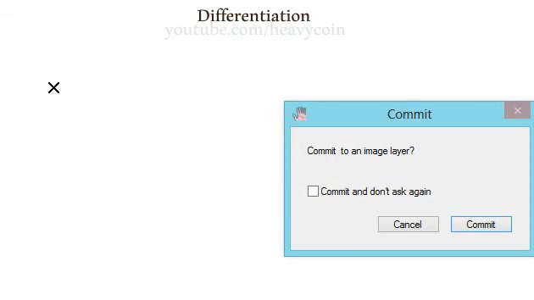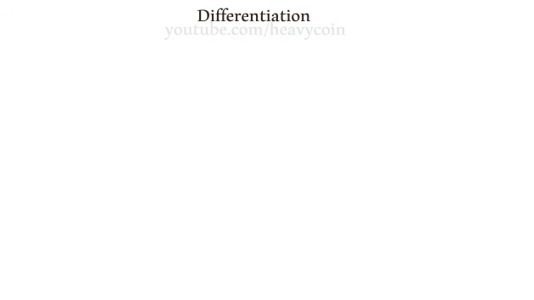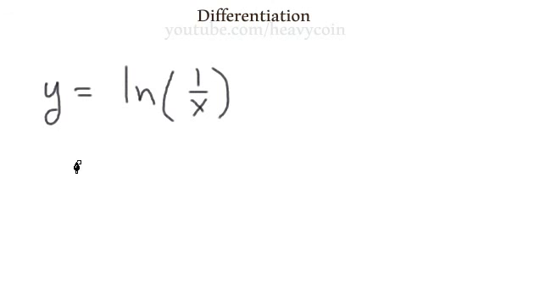Alright, let's look at another one. Let's say that we have y is equal to the natural log of 1 over x. So what I'm going to do here is rewrite this before we take the derivative of this.